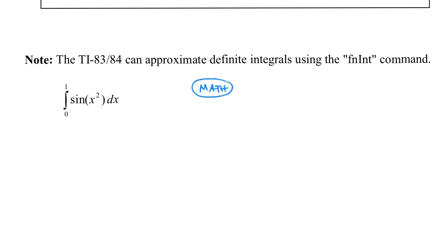I think it's number 9 on most calculators anyway. We want this command that says finite integral. Now, once you press that command, it depends on your software. Some of you will have software that will have an integral built right in.